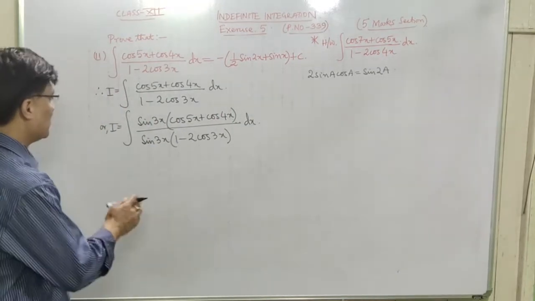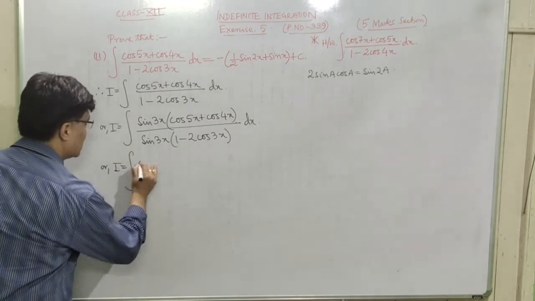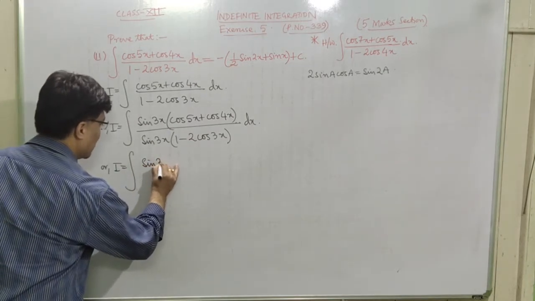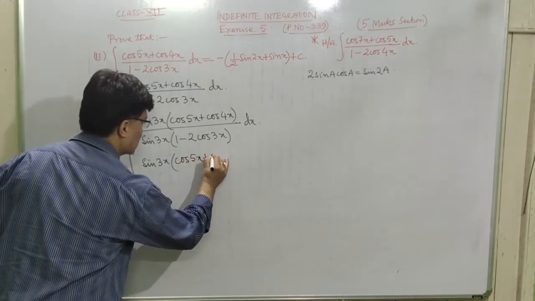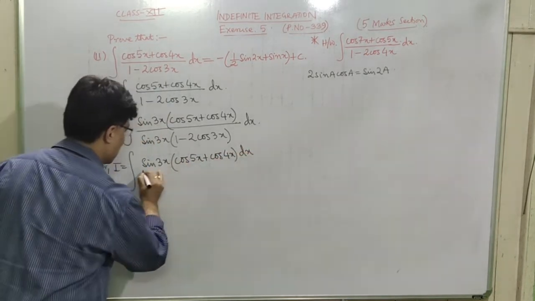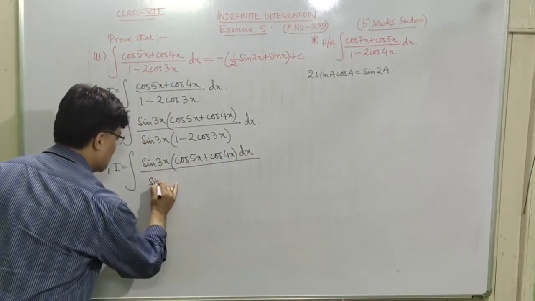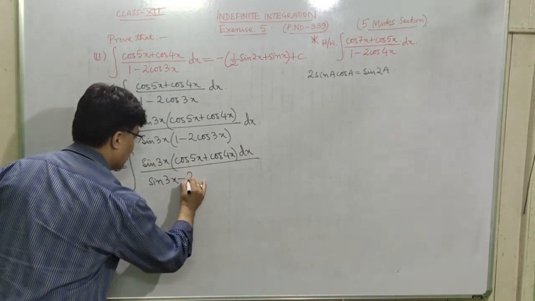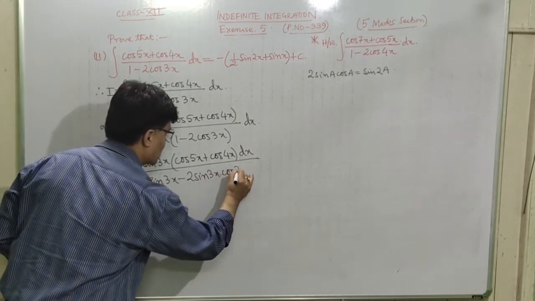So let us do this one now. I is equal to the integration of sin 3x, let us keep it as it is, (cos 5x + cos 4x) dx, whole divided by, let us multiply it, this is sin 3x minus 2 sin 3x into cos 3x.